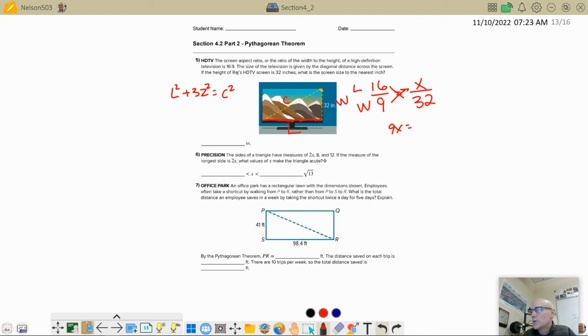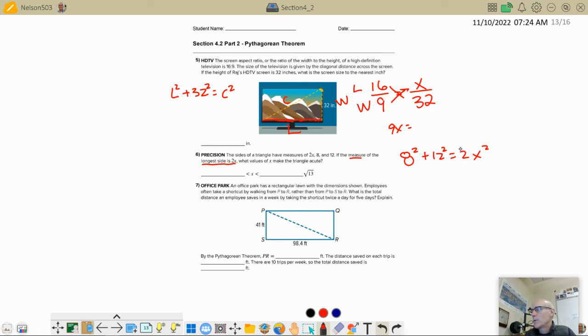The sides of a triangle are 2x, 8, and 12. The measure of the longest side is 2x. What is the value of x that makes the triangle acute? So when it says the measure of the longest side is 2x, that's the hypotenuse. So you're going to go 8 squared plus 12 squared equals (2x) squared.